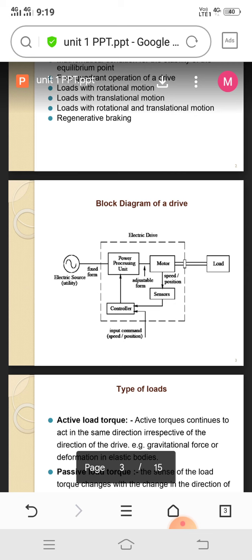Next we move to the load. Finally, the motor output is fed across the load. This is a simple electrical drive block diagram.